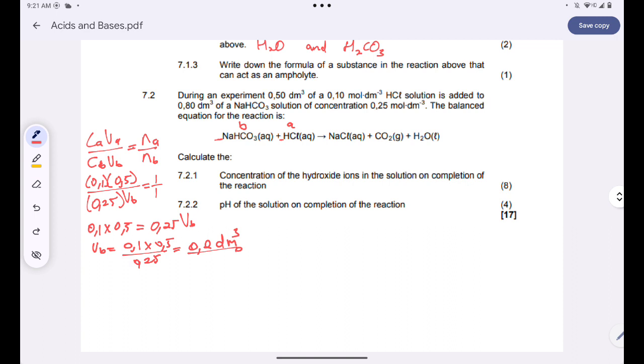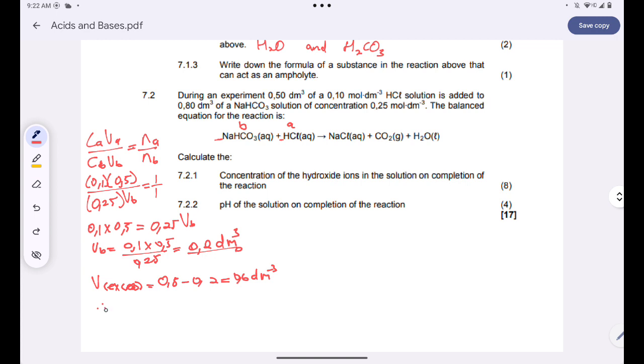So it simply means that the volume in excess is simply 0.8 minus 0.2. We'll simply get 0.6 cubic decimeters.